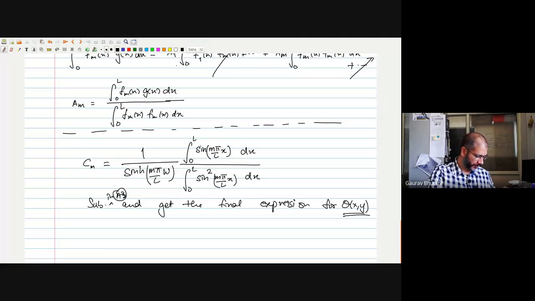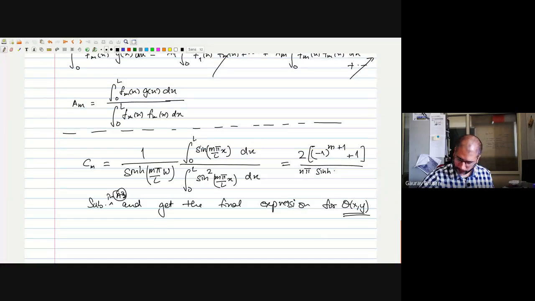In fact, the integral actually simplifies to a very simple expression, which simplifies to twice minus 1 to the power m plus 1 plus 1.